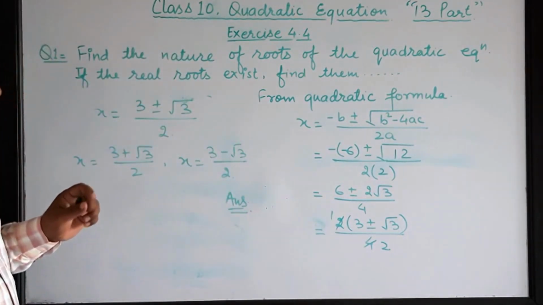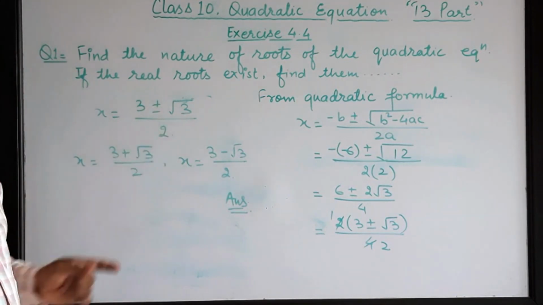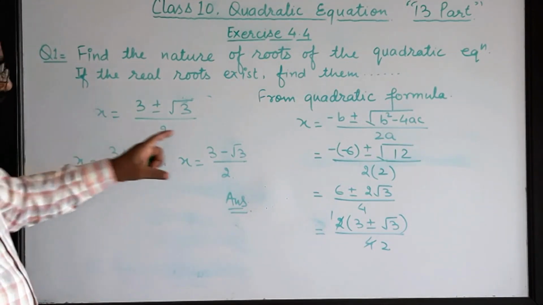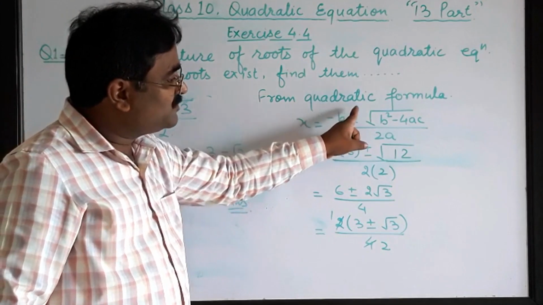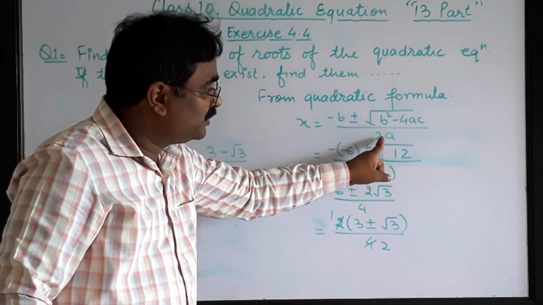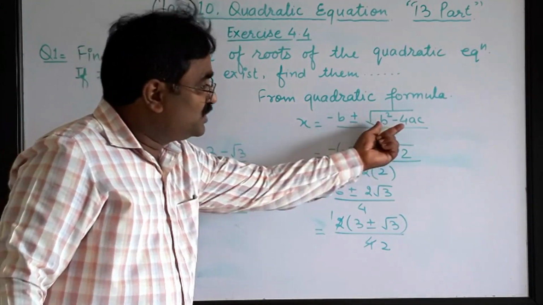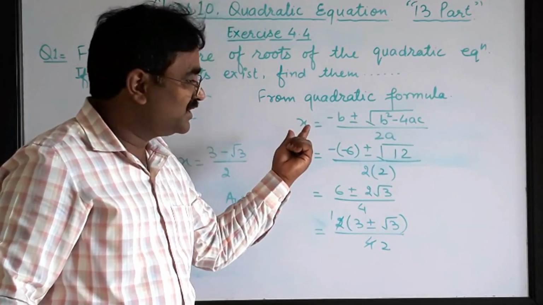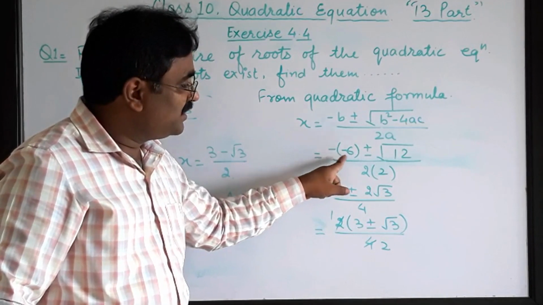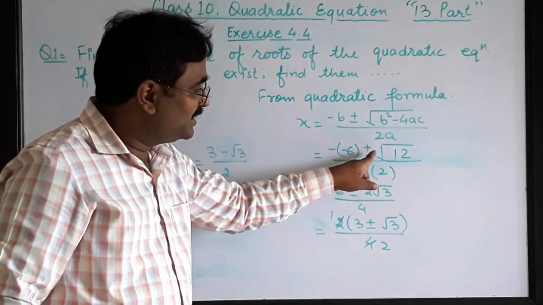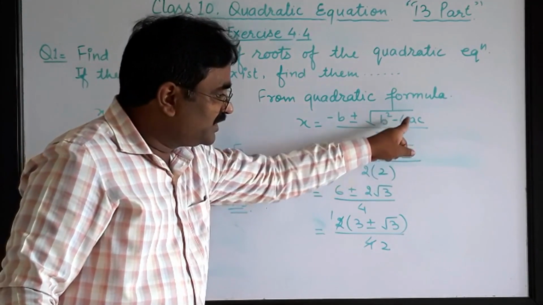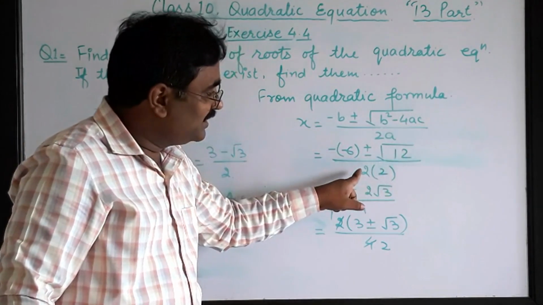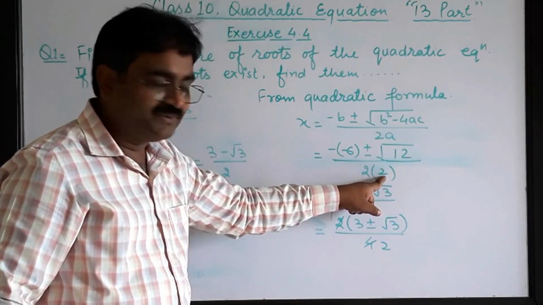Right? So see the solutions carefully, children. So here, as x is equal to minus b plus minus under root b square minus 4ac upon 2a, this under root value is the discriminant, as you got, plus 12. So minus of b is equal to minus 6 plus minus under root b square minus 4ac, which was 12, into 2 into a is 2.